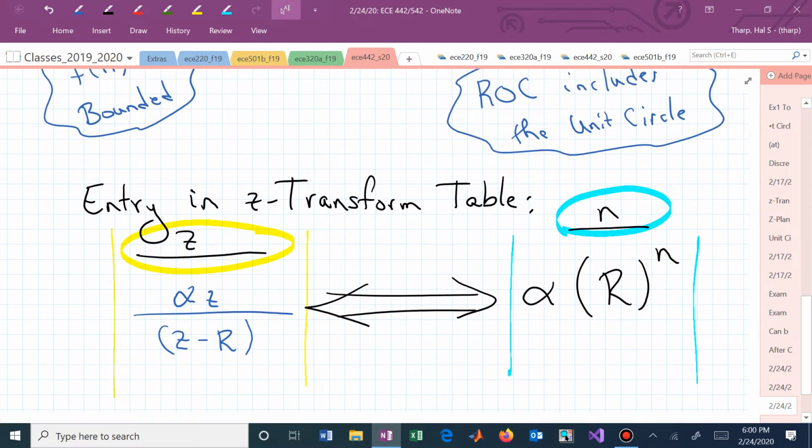If you knew alpha in this transform expression, alpha z over z minus r, you could immediately write down what the time domain is if you know the region of convergence is outside of capital R.